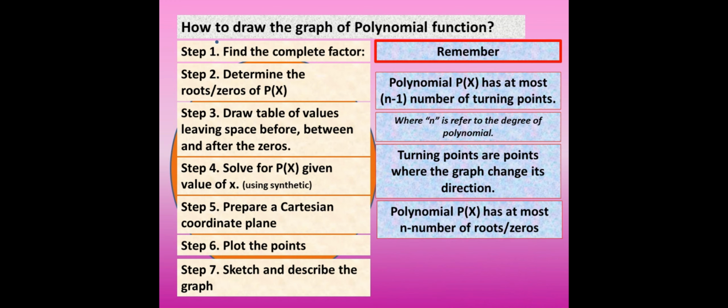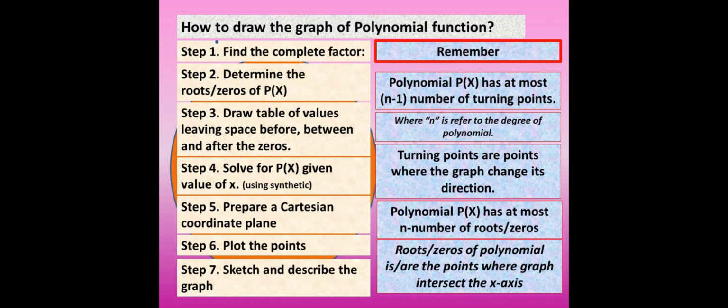The polynomial p of x has at most n roots or zeros. What do we mean by this? In terms of zeros, if we have x cubed, or 3 as the degree of the polynomial, it has at most 3 roots. It can be 3 roots, 2 roots, or 1 root. The roots or zeros of a polynomial are the points where the graph intersects the x-axis, just like we illustrated before.